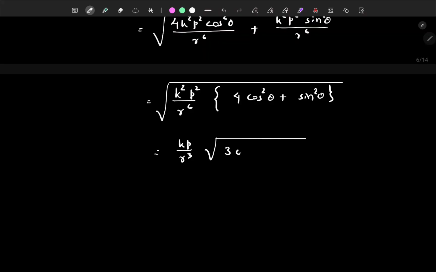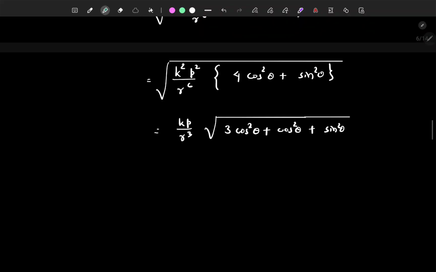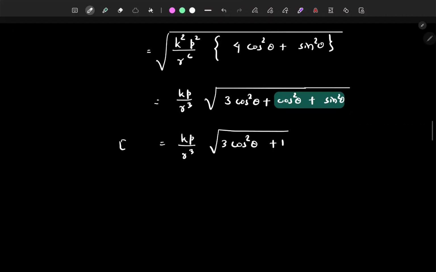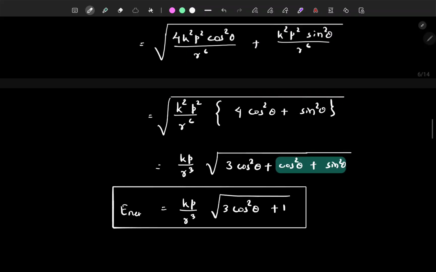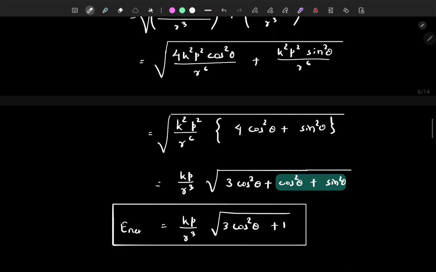We can write 4 cos square theta as 3 cos square theta plus cos square theta, and cos square theta plus sin square theta is 1. So the final answer is kp divided by r cubed, root over 3 cos square theta plus 1. This is the value of E net intensity due to a dipole at any point.